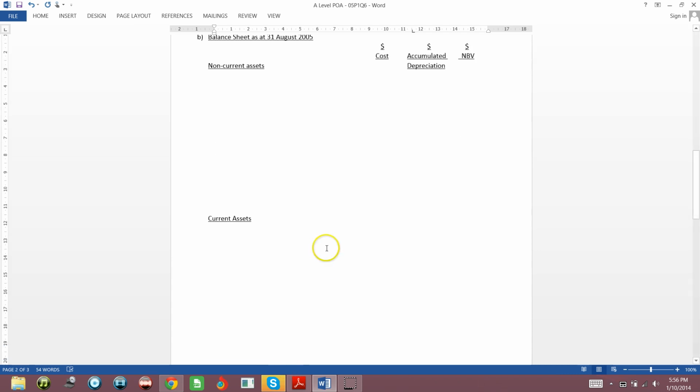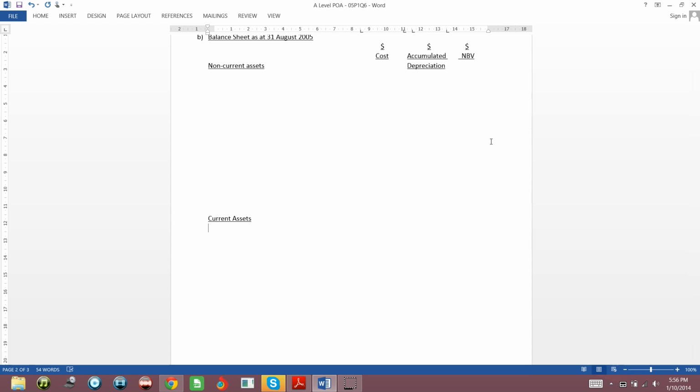So trade debtors, I will put under current assets. Trade debtors means people who owe me. For those who can't follow, you should go to the website and go through all the accounting lessons, lesson 1, lesson 2, and so forth, to make it easier to follow during the lesson.